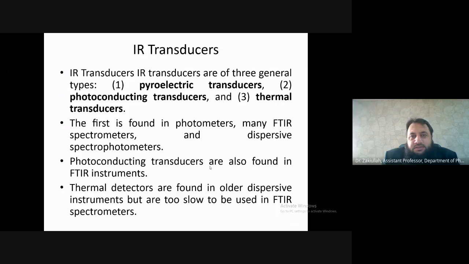Before discussing these transducers, let me mention that many aspects of these materials are related to material sciences, that is, a deep understanding of the physics and the properties of the material, especially semiconductors.